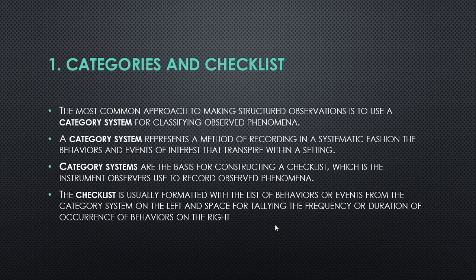Category systems are the basis for constructing a checklist, which is the instrument observers use to record observed phenomena. The checklist is usually formatted with the list of behaviors or events from the category system on the left and the space for tallying the frequency or duration of the occurrence of behavior on the right.